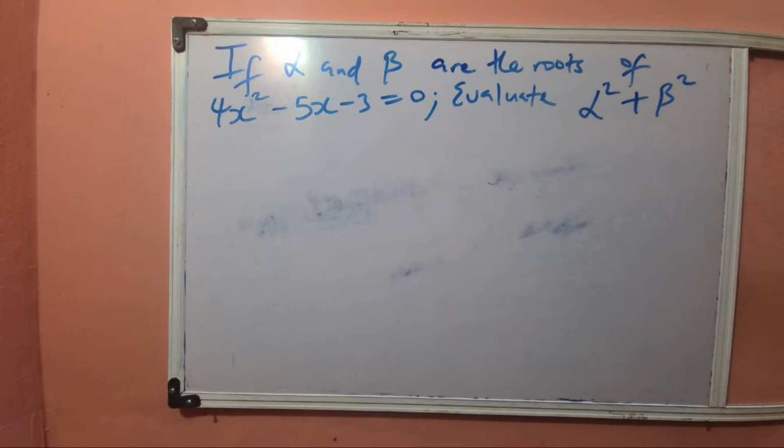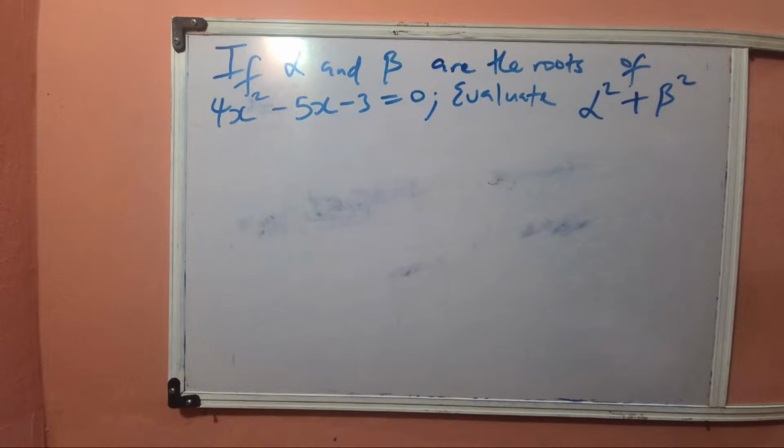Look at the question right here. You were told that alpha and beta are the roots of this equation. Then you are told to find alpha squared plus beta squared. A very simple question, and I know you guys will solve this easily.